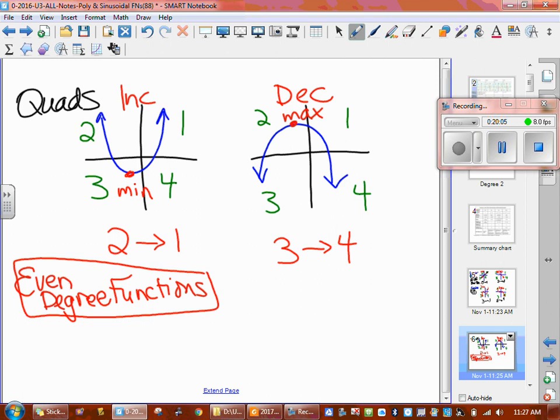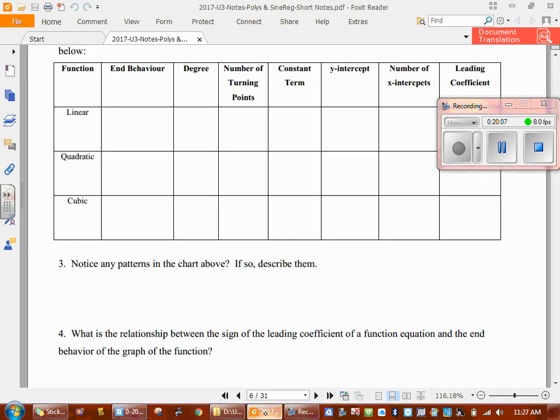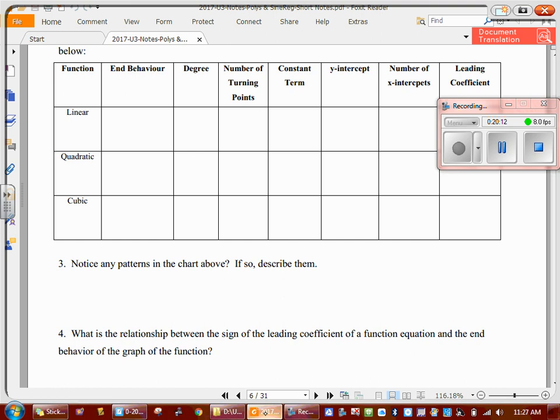Linears and end behavior. Well, I gave you a decreasing one. The question that you had to do was y = -3x + 7. So the end behavior for this guy going down is going to be a 2 to 4. He is a degree 1 because he has an x exponent 1. That's our degree. The number of turning points is always 1 less than the degree, so it's degree minus 1. So in this case, it's 0.